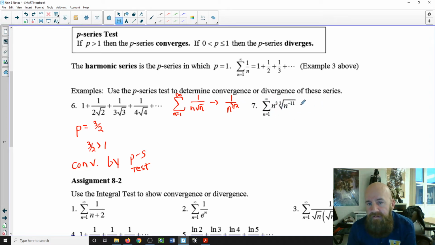So we have this situation going on. Let's convert this real quick. This radical, I want to turn into n to the negative 11 over 3, which would turn into n to the negative 2/3, which we could rewrite as 1 over n to the 2/3.